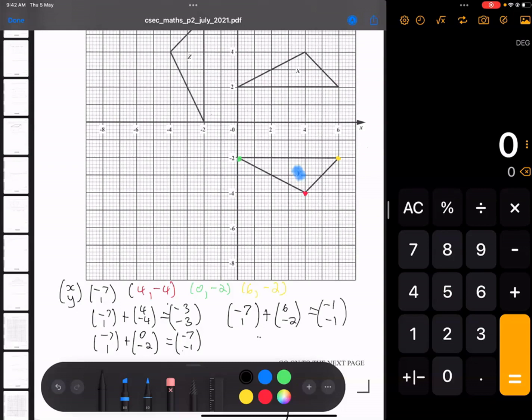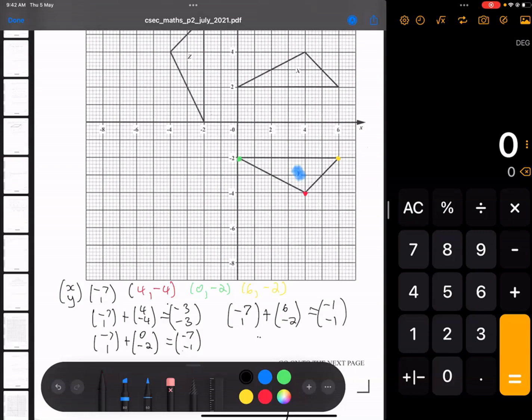So those are our new points: -3, -3; -7, -1; and -1, -1.